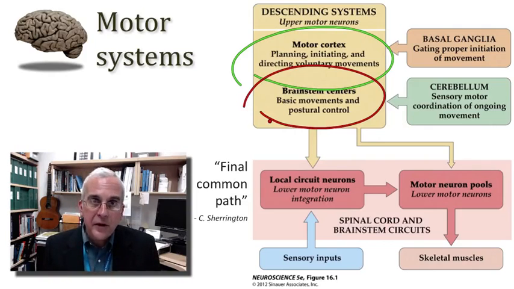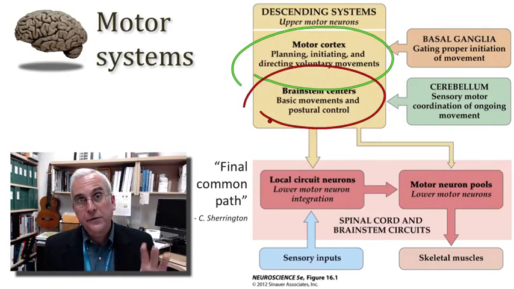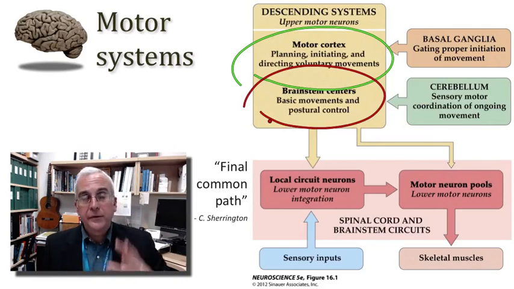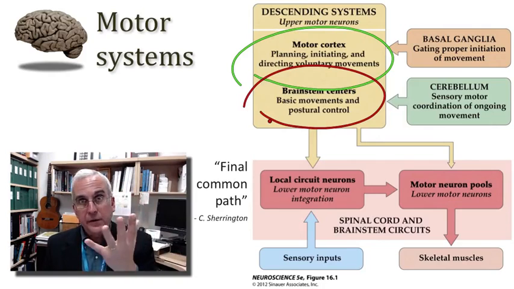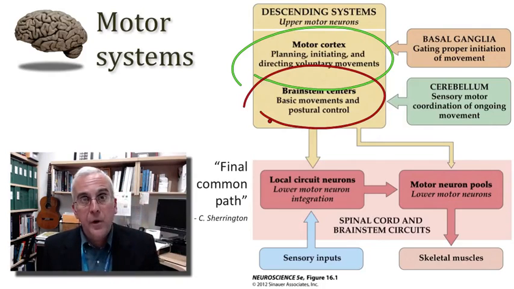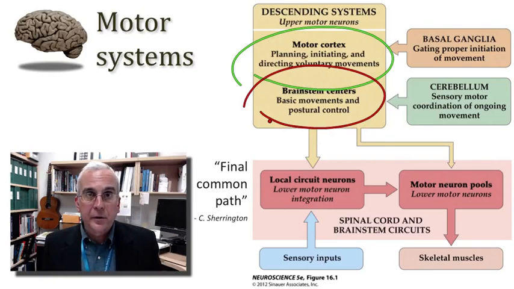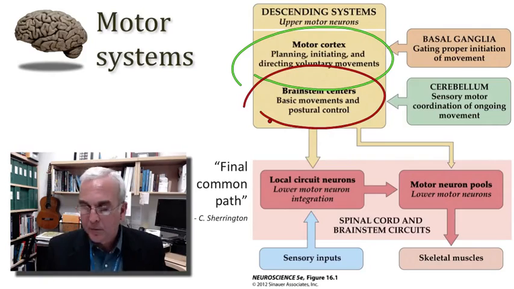So one differentiation between the contributions of the motor cortex to movement and the brainstem has to do with the difference between the skilled behaviors that we express with our distal extremities and also our oral facial structures, and those behaviors that set the stage for the expression of skill, involving our trunk and our proximal limbs. And what I'm thinking about primarily is posture.